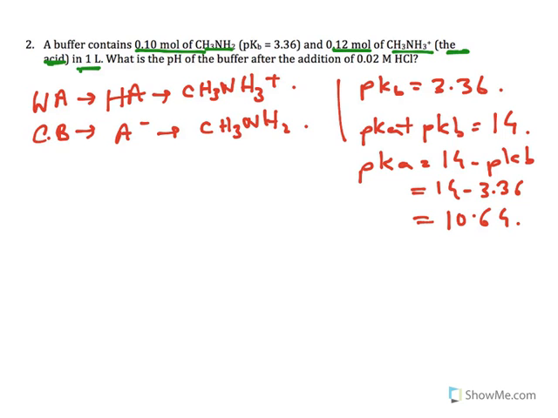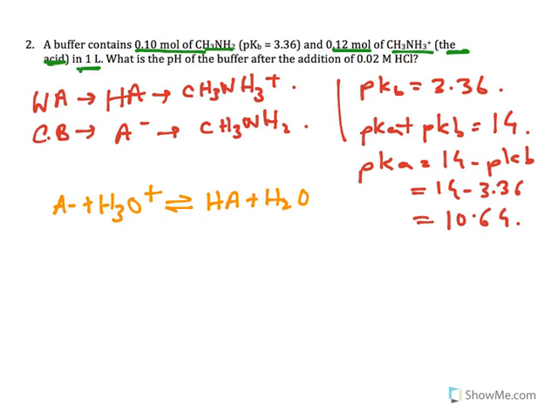Now that we know what our weak acid is, our conjugate base is, and what our pKa value is, we can move on to figuring out which reaction we're going to use. As discussed before, if we add acid to our buffer, the reaction is A minus plus H3O plus, going to form HA and H2O. This is when the acid is being added.